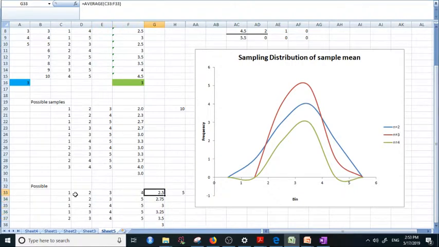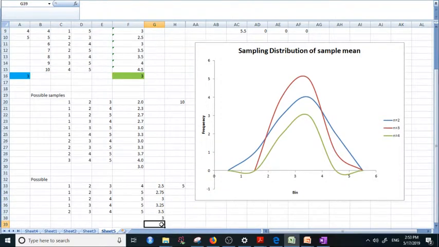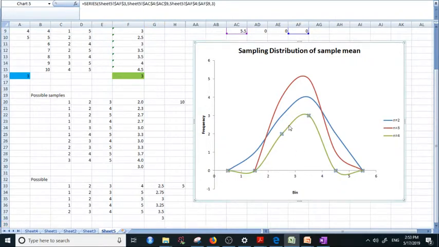And again we calculate the sample mean in each case, and the mean of the sample mean is again 3, so sample mean is unbiased. But we see that the sampling distribution of the sample mean has come closer with a reduction in variance.